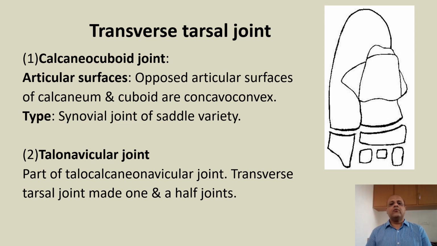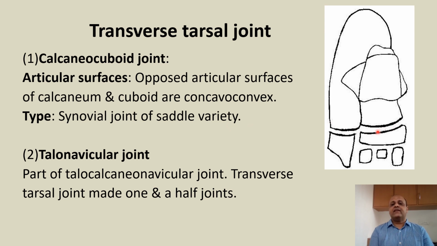So let us describe the transverse tarsal joint now. The calcaneocuboid joint, the articular surfaces are the opposed articular surfaces of calcaneum and cuboid, and this is the cavity of the calcaneocuboid joint. And which type of joint is this? This is synovial joint of saddle variety. When we come to the talonavicular joint, this is a part of the talocalcaneonavicular joint.